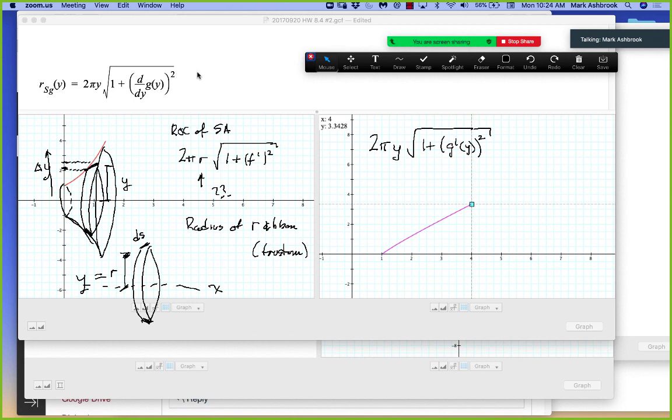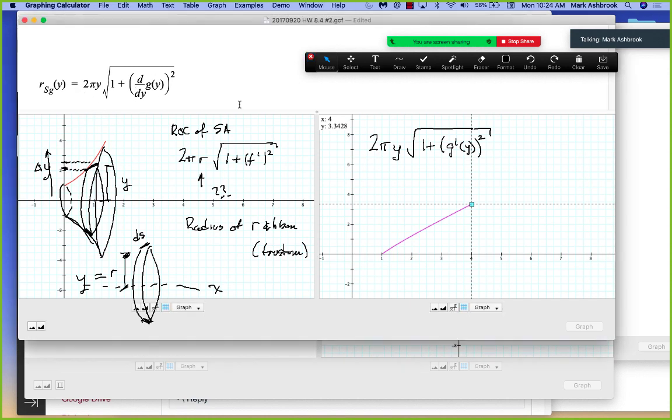So let's see, does that agree with what we said? So now I got the rate of change of big S for the g function, right? So the rate of change of big S for the g function is 2 pi y times the square root of 1 plus the rate of change of y squared. So this is why it would be helpful to graph the original function with y as the independent variable.